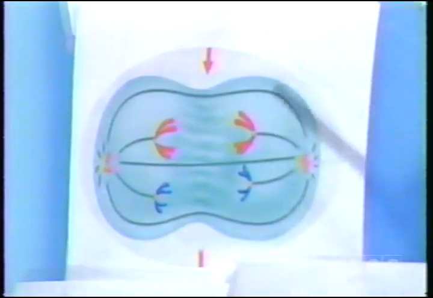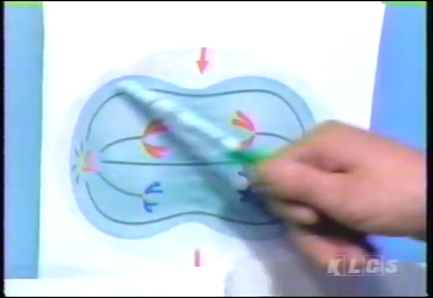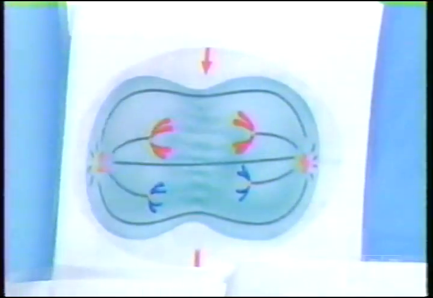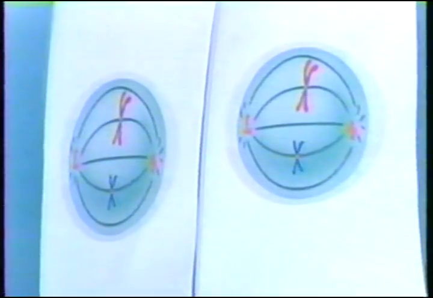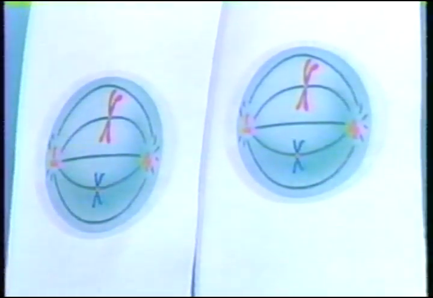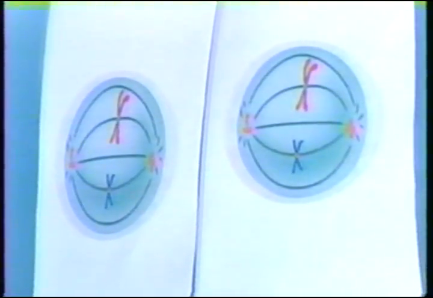It only has half the number of chromosomes. So we have 2 cells that have half the number of chromosomes going through a second cell division. Our haploid cell then produces what are called gametes, the sex cells. And the sex cells then each only have 1 chromosome each.